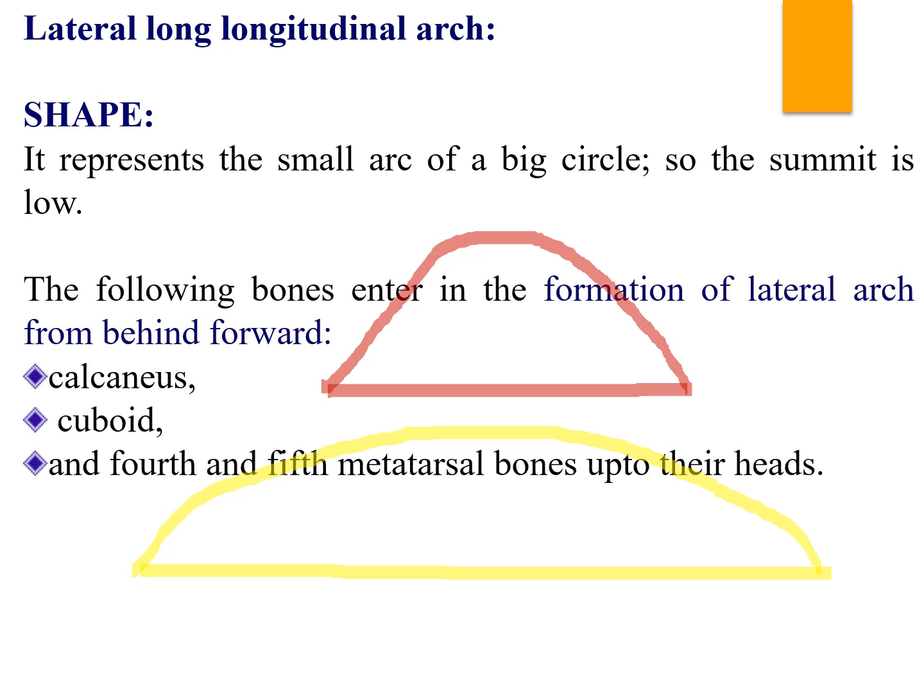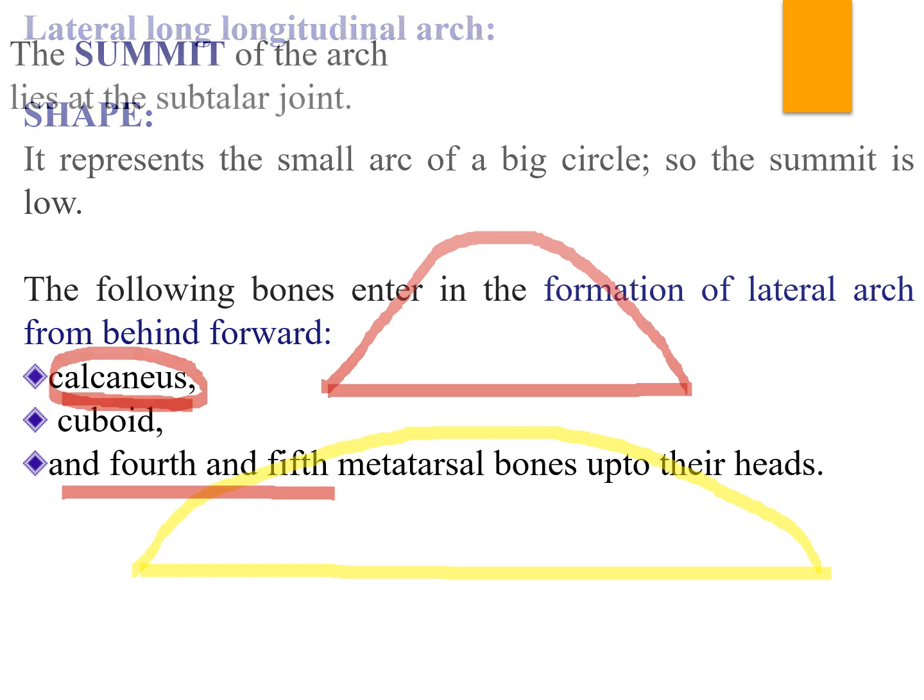What are the bones from behind forwards? You can see there are fewer bones compared to the medial longitudinal arch: calcaneus, cuboid, and the 4th and 5th metatarsal bones up to their heads. Again you can see the calcaneus is common to both the medial and lateral longitudinal arches.